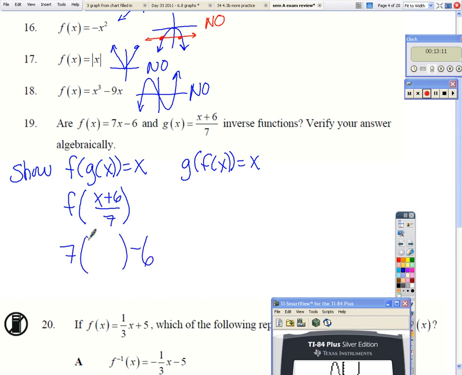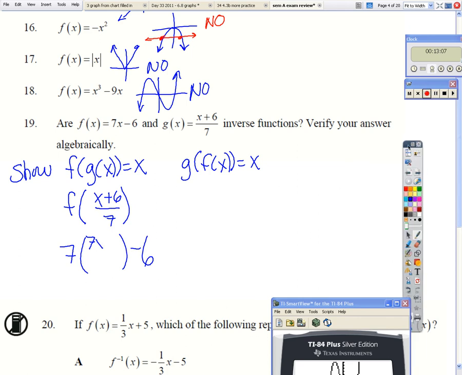But instead of x, I have to put the equation. And now to simplify, these cancel. And I'm left with x plus 6 minus 6, and that simplifies to x.